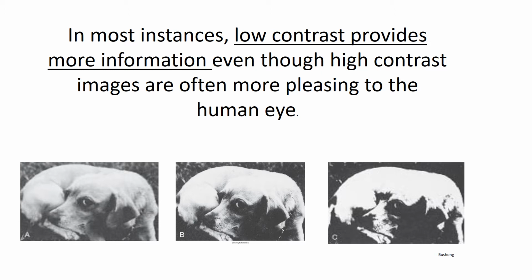So at first glance, for many people, C might be the more appealing, that very dramatic change between black versus white. However, when we look at these three pictures of this dog, what do we notice? We notice there's more detail of the dog in A than there is in C. That amount or differences in the gray tones allows us then to see more detail.